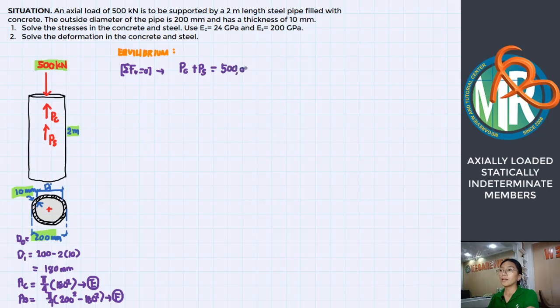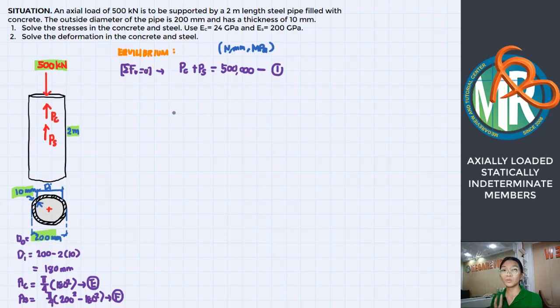Or let us make it in newton, that is 500,000. The units we will use are newton and millimeters. For stress, we can use megapascal because megapascal is newton per square millimeter. Now, you have here your first equation. This is our equation 1.